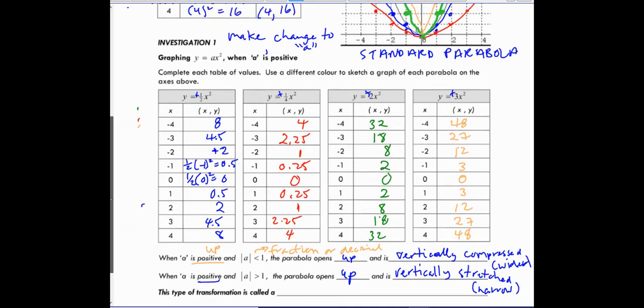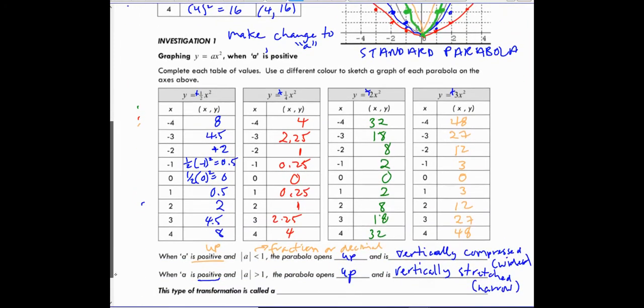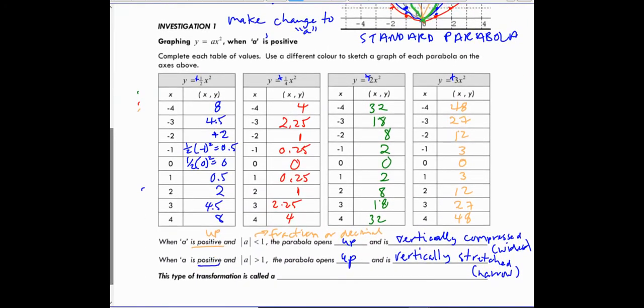Okay, so look at these ones. When we had a as a positive 2, a as a positive 3, the 2 is more narrow than the standard, and the yellow is more narrow than the green. In fact, for these two, the lower the fraction, 1/4 is a smaller number than 1/2, the wider it gets.